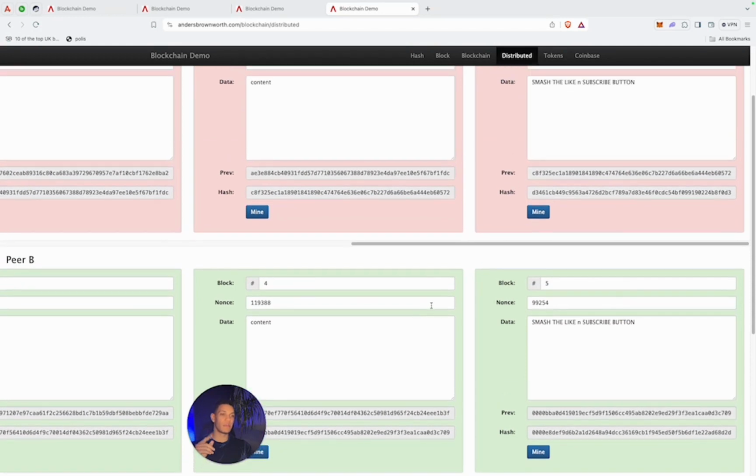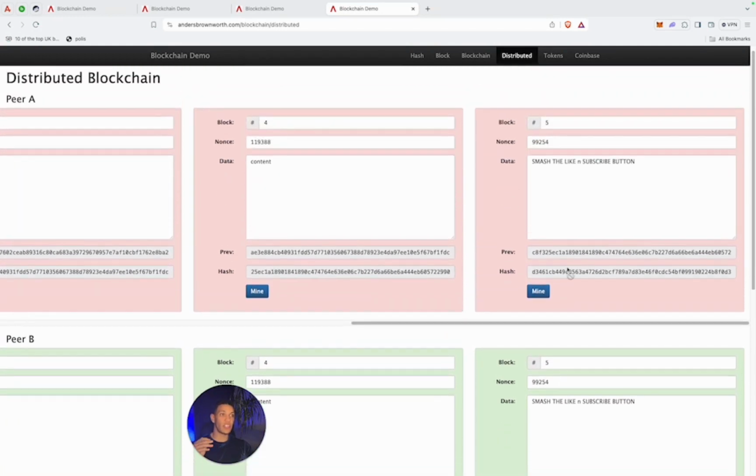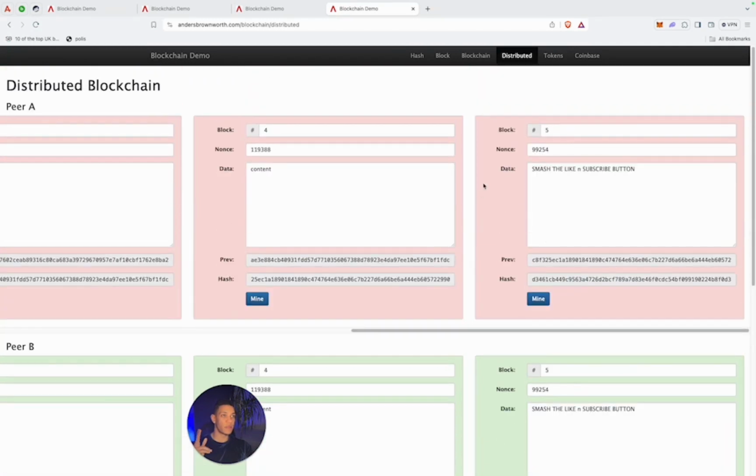And it's important to mention that these validators just have to check the last hash of the last block. So let's have a look. This person A is saying, oh, but my version of the blockchain is different. Your one has to be wrong. But he's the one who wanted to cheat, right?